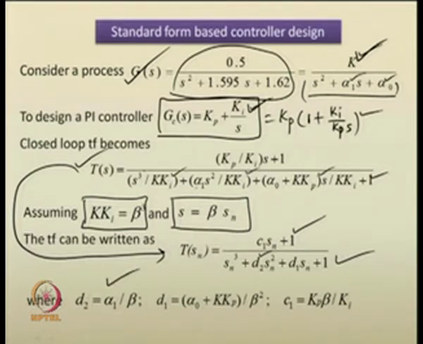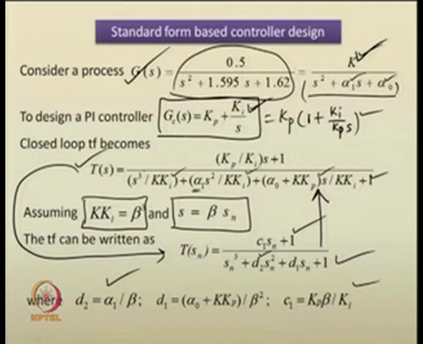Then d1 equal to (alpha 0 + k Kp) by beta square and C1 equal to Kp beta upon Ki. So, comparing this transfer function with this one, definitely one can write the expressions for d2, d1 and C1 in this fashion.